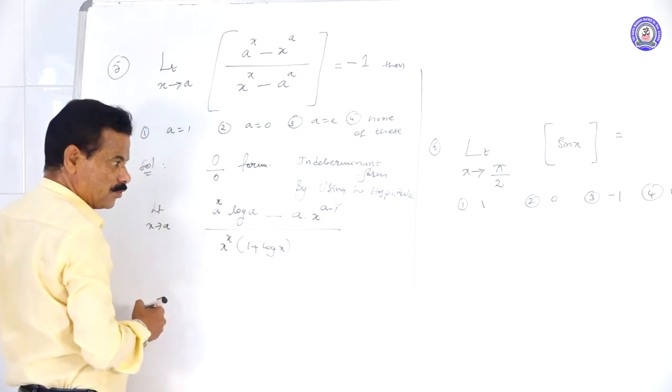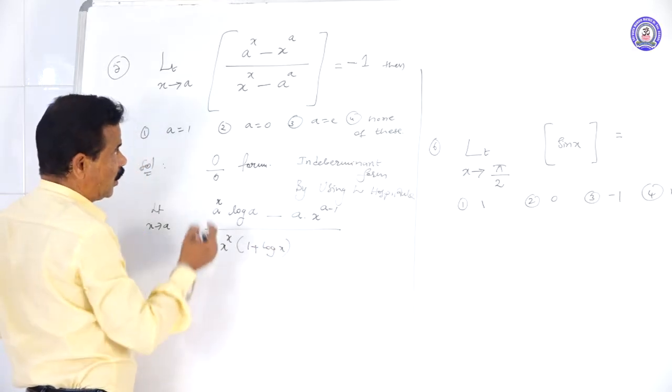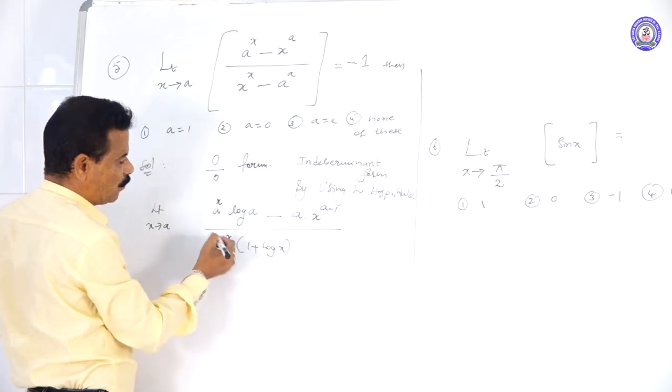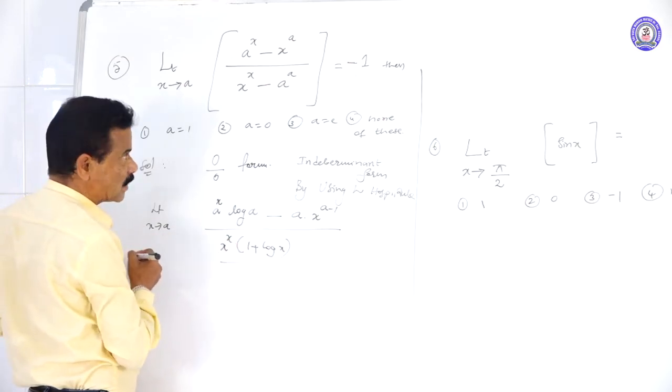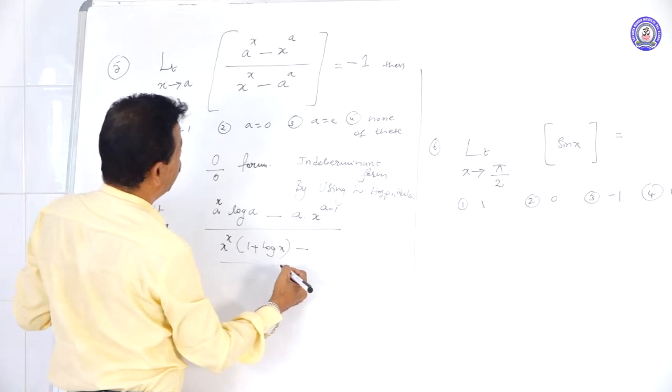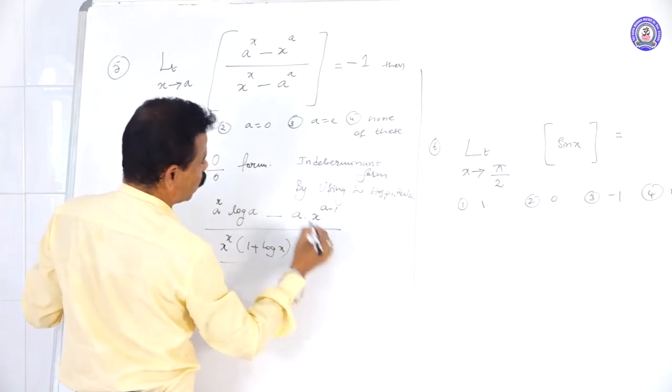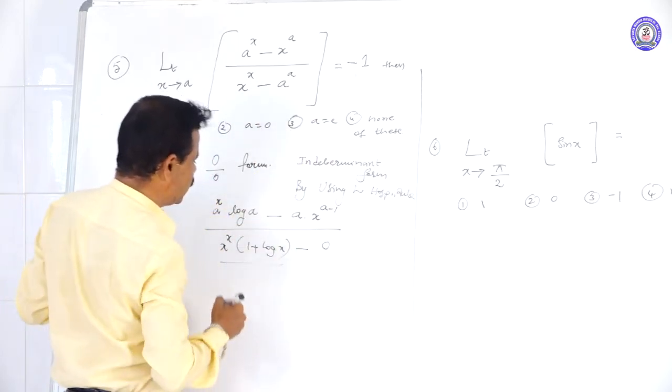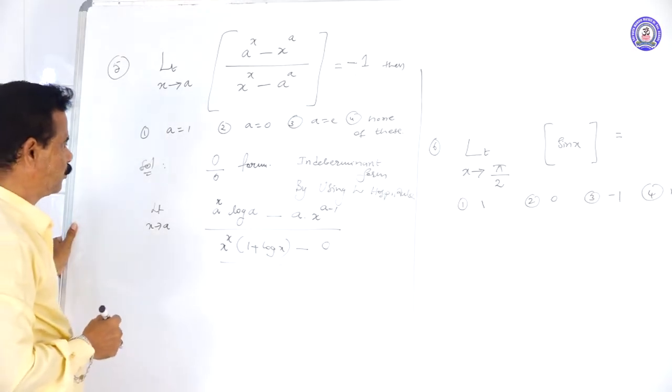We know this. And the derivative of a^a is 0, because it is a constant.